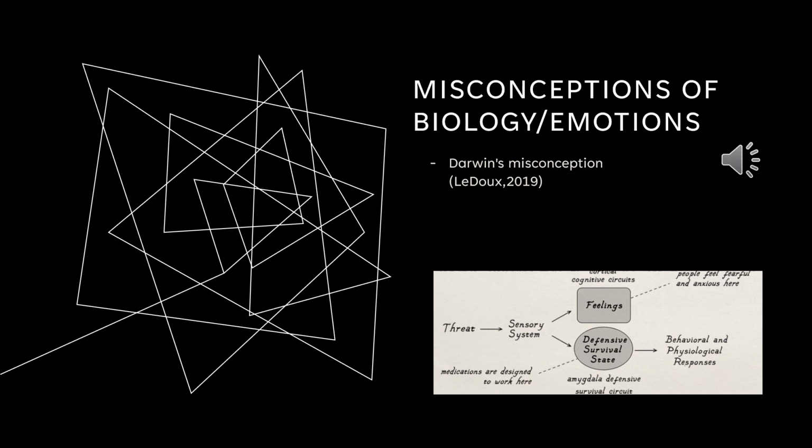It is involved to make feelings of fear, but it is not the fear center. Most people, when they learn about brain structures, will learn that the amygdala is the fear center, and that is inaccurate and could hinder our understanding of emotions and biology if that's what we had thought.